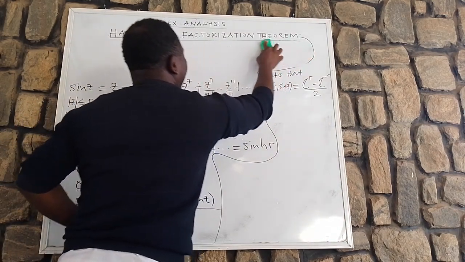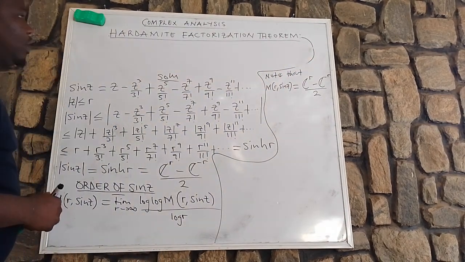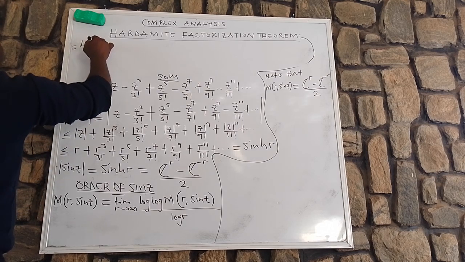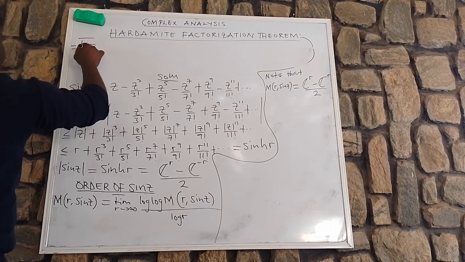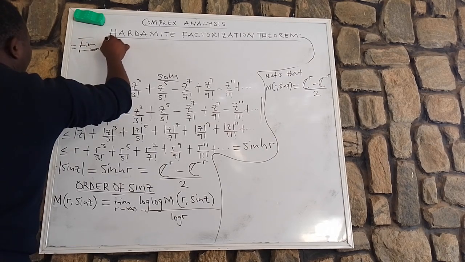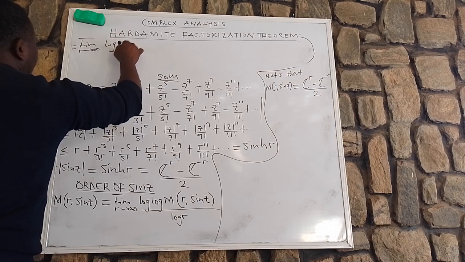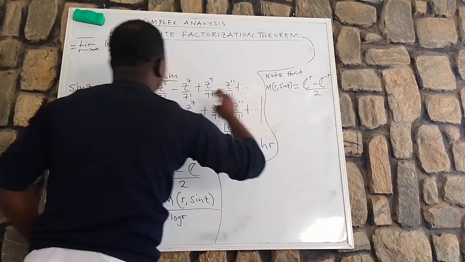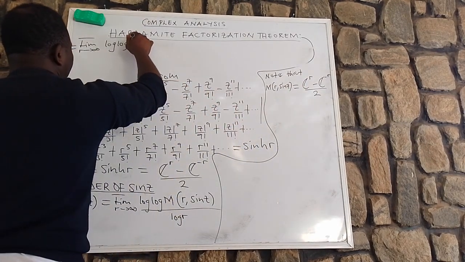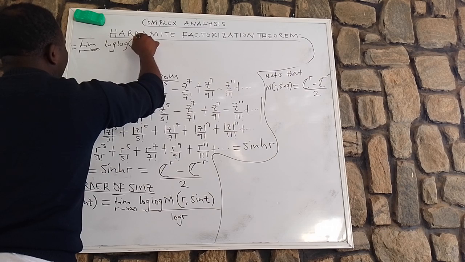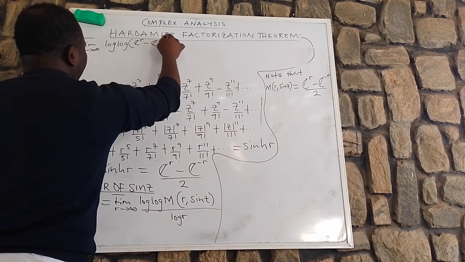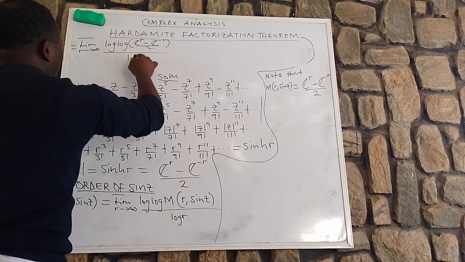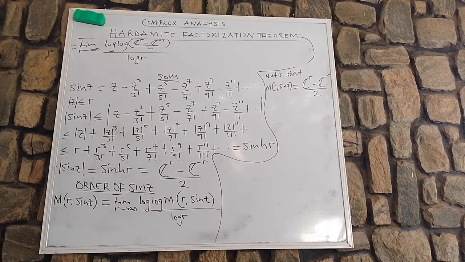It implies that our upper limit as R tends to infinity of log times log of this M of R of sin z is what? Is this. So we are going to write this open bracket for it, exponential R minus exponential minus R all over 2 all over log R, the formula. Is that clear?